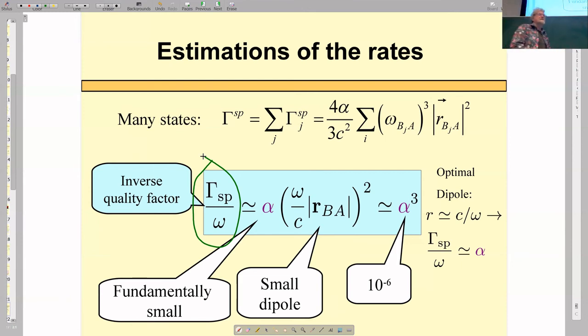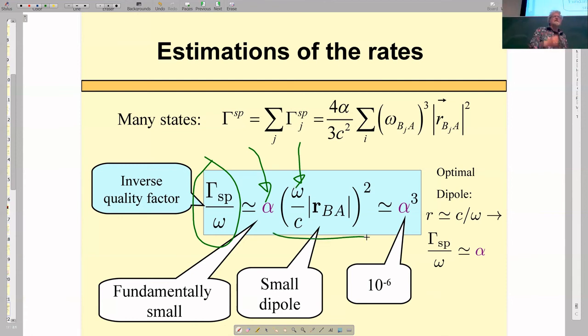Right. So what we have from this estimation is a dimensionless factor, and it has one fundamentally small factor. There is another factor, which is, remember what I told you about the dipole approximation. It's based on the difference in scales between atomic size and electromagnetic wavelengths, right? So we have this ratio here.